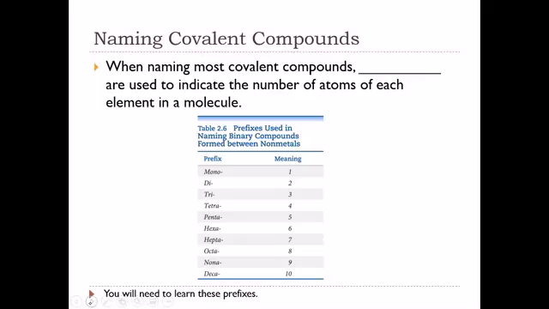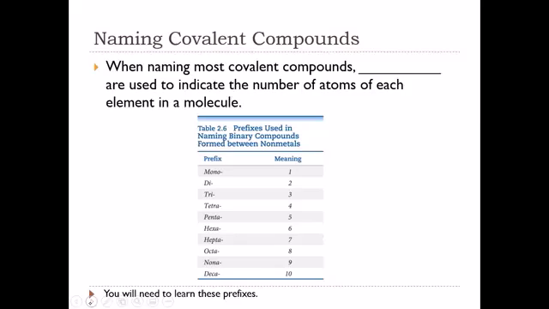When naming most covalent compounds, the rules are different. So when you're asked to name a compound going forward, you'll first have to decide whether it's ionic or covalent, because that's an important step in deciding how to name it, because the naming rules are different for covalent compounds.